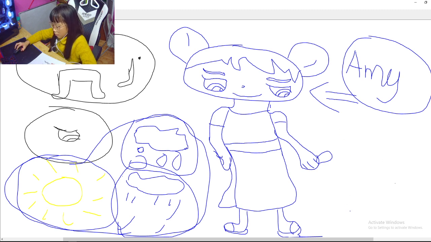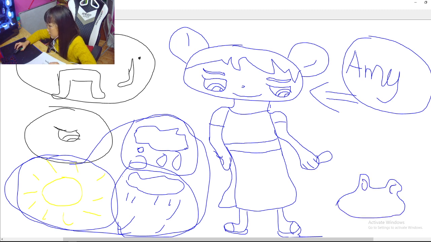And maybe she is giving a thumbs up with some frogs. Maybe she did something for the frog, and the frog's really happy. And I think the frog is going to do something to help her again.